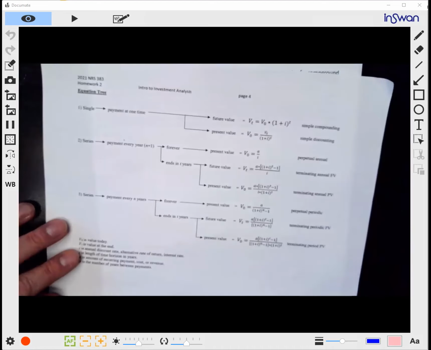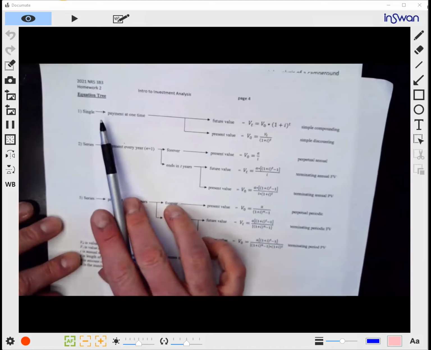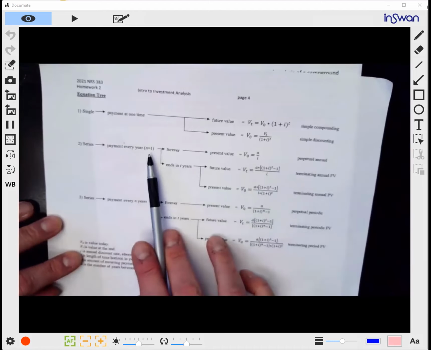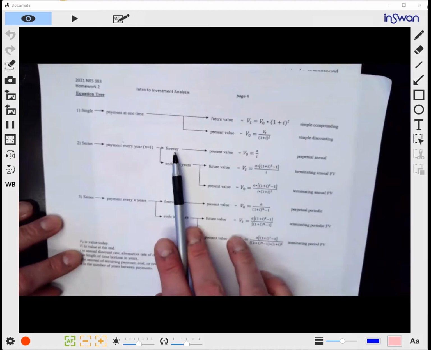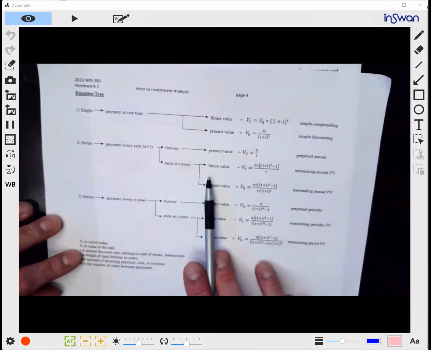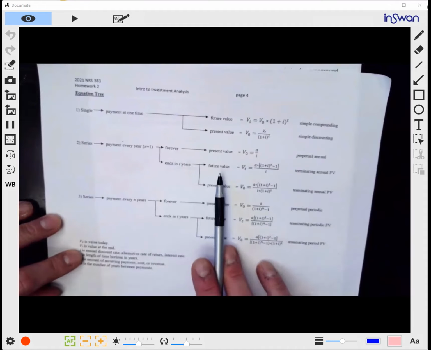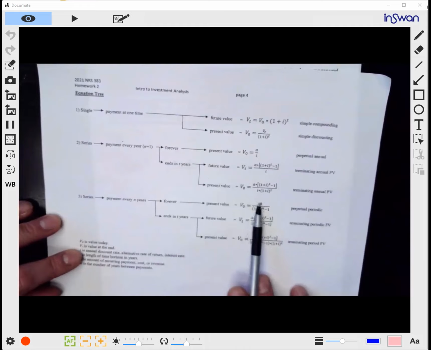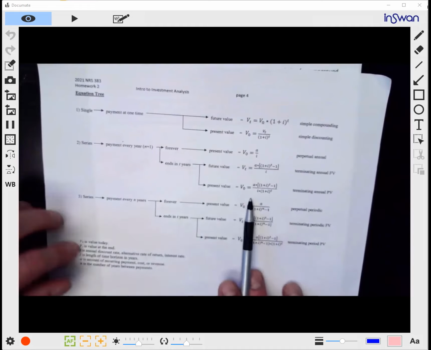So we know how to handle that. We look on our sheet. It's not a one-time payment. It happens every year, as this one's annual. It doesn't go on forever because we have a 20-year lease. It ends in 20 years. So we don't want the value at the end in the future, we want the value now. So there's our equation right there, the terminating annual present value.